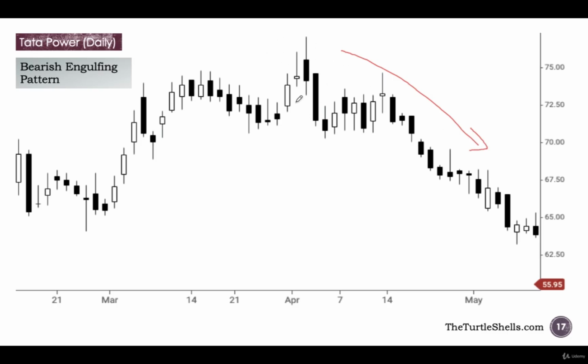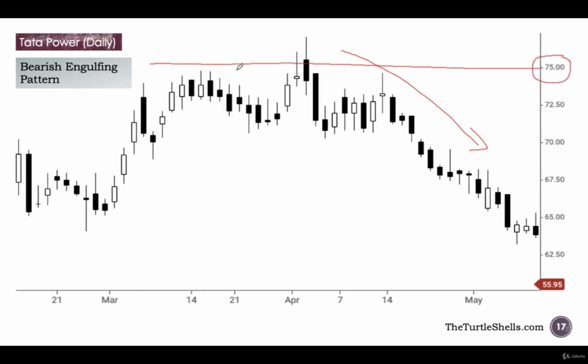Whenever the bulls try to break resistance and fail in doing so, that's a clear sign that the market is going to crash. It increases the probability greatly. Probably 75 was the level where the stalling took place. 75 I think is a round number for this stock.